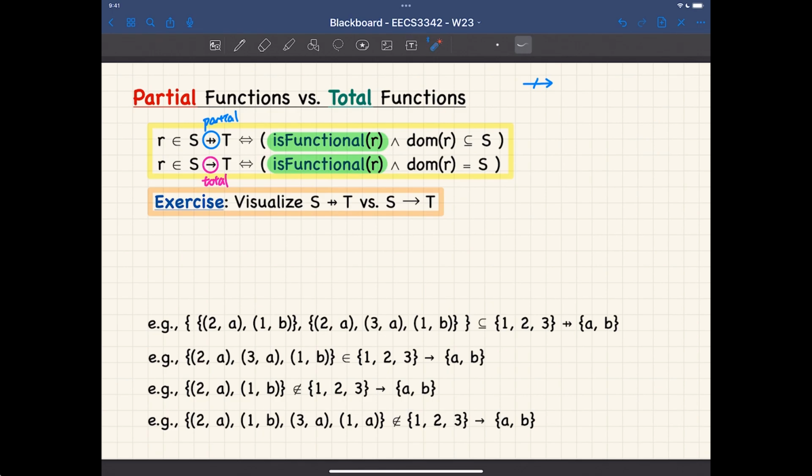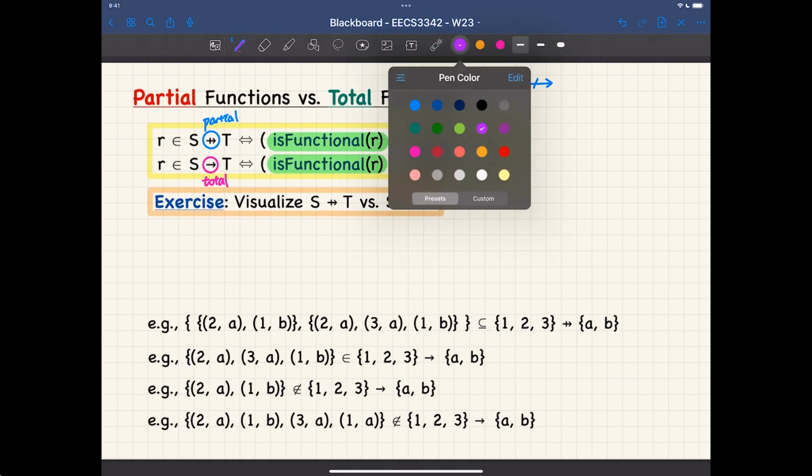Which one is less restrictive? Partial is less restrictive because the total is very restrictive: you say your domain must be exactly equal to every possible value for the domain. You include everything, okay? And we're going to definitely talk about some modeling examples today, and that will also make more sense. Right? So how do we visualize?